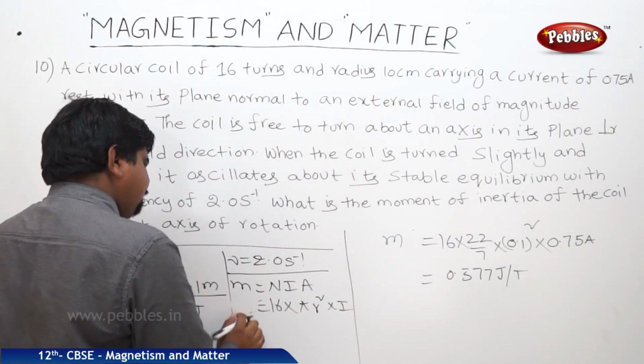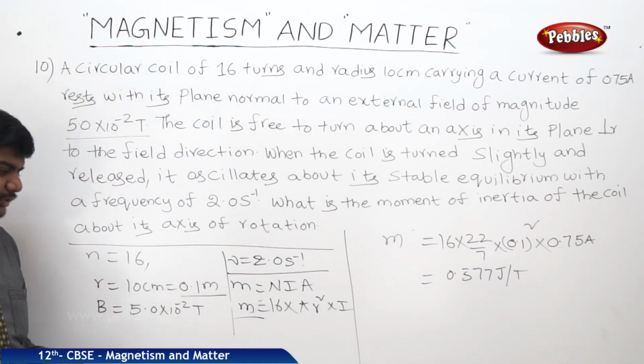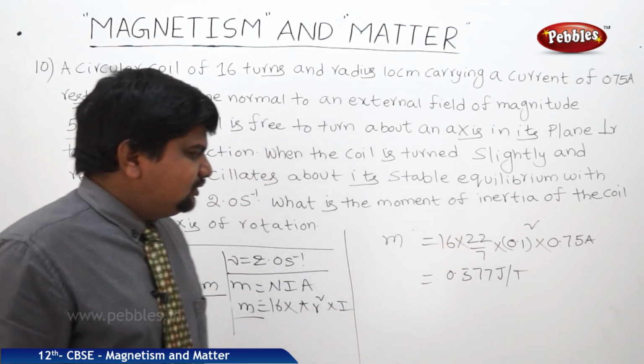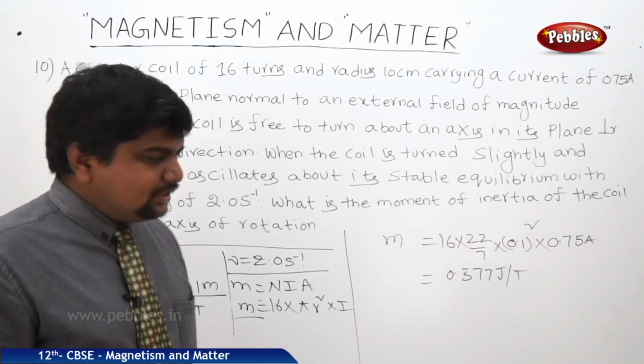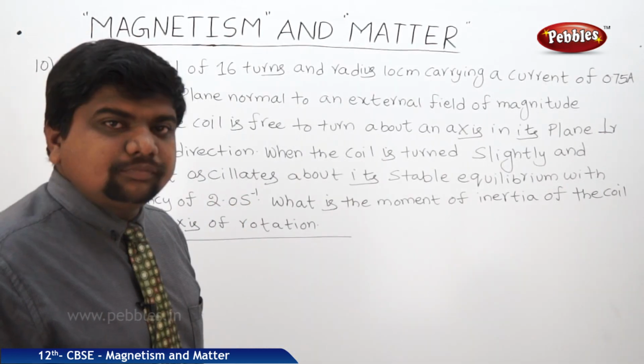The field is actually B. So the magnetic moment M is 0.377 joules per Tesla. From this we should find the moment of inertia.